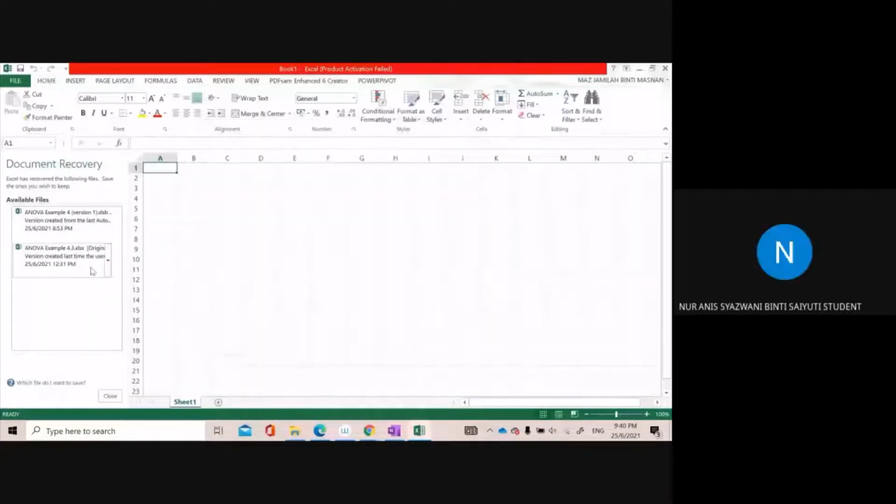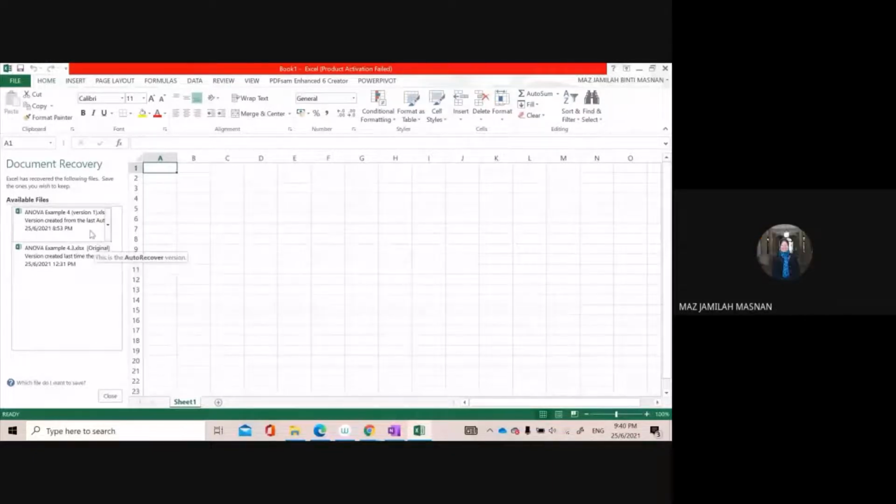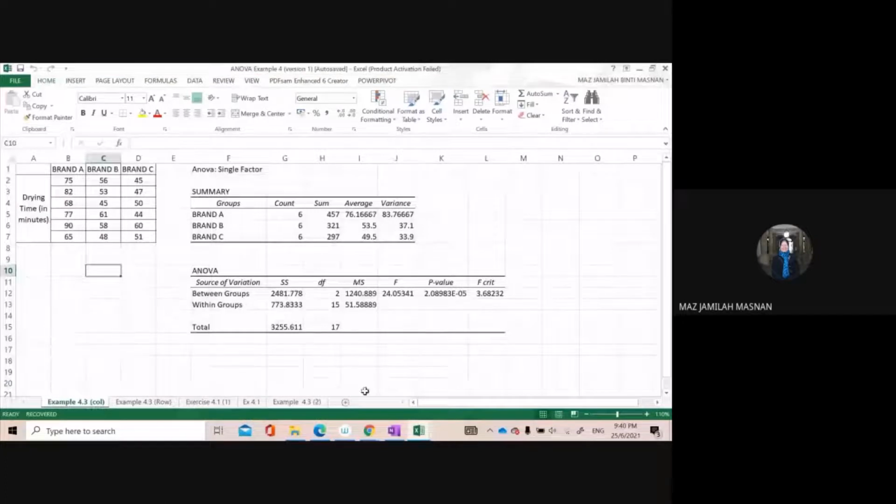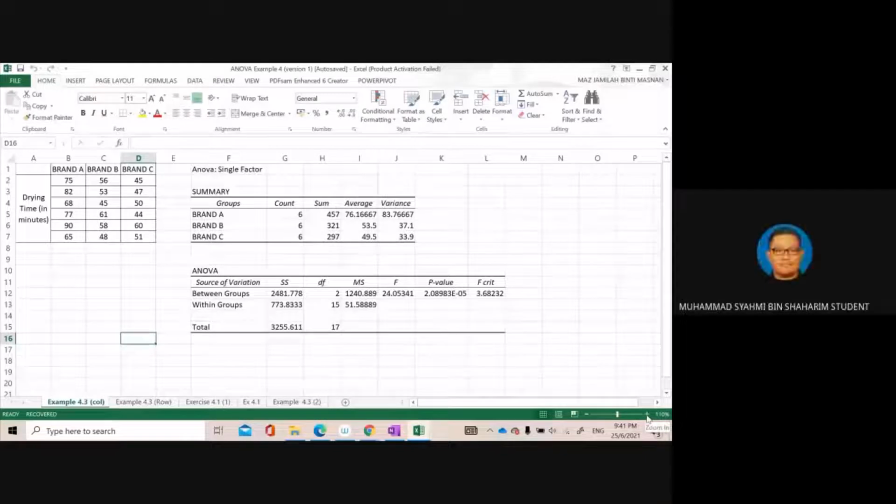Yes, madam. Okay, thank you. Now we have our example. Is it too small? Can you see clearly, or do you want me to enlarge? Very clear, madam. Okay, thank you.